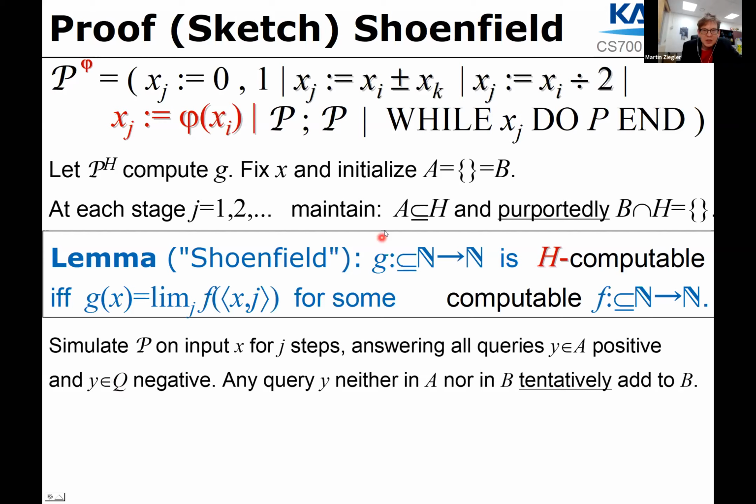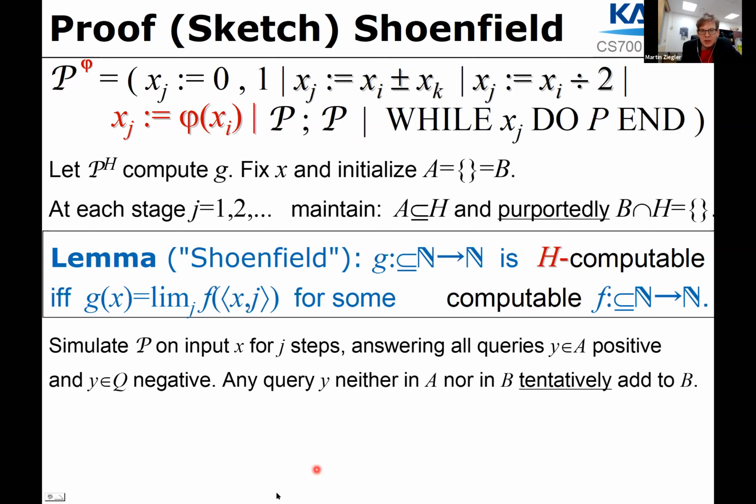And since we have this condition that A is a subset of H, all queries answered in this way are indeed answered correctly positively. And since B is disjoint from the halting problem, all queries that belong to B are justly answered negatively. But what happens if there's a query which does not belong to A nor to B? Then something important but subtle happens in our simulation.